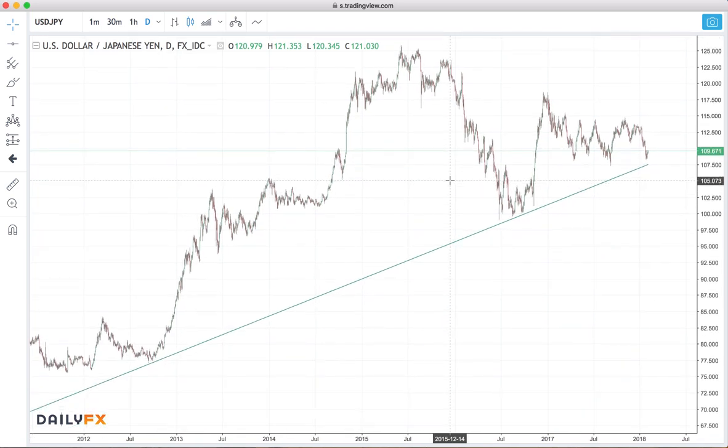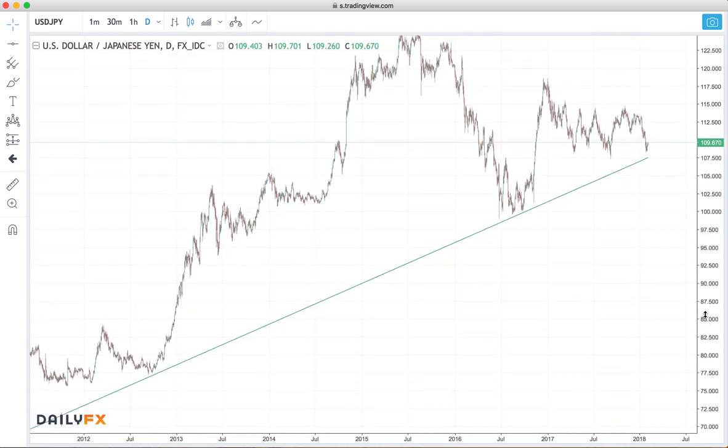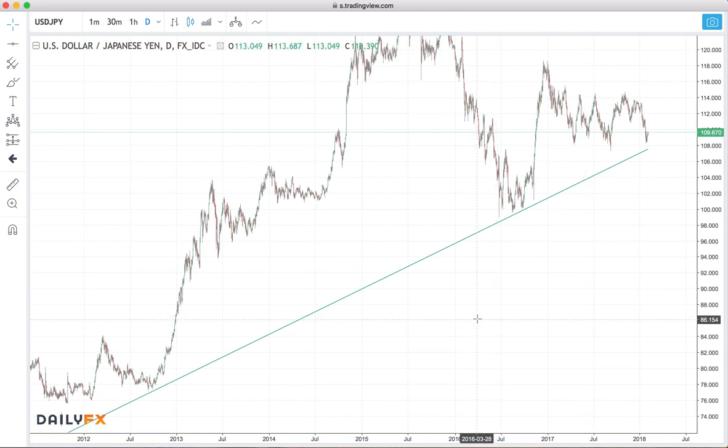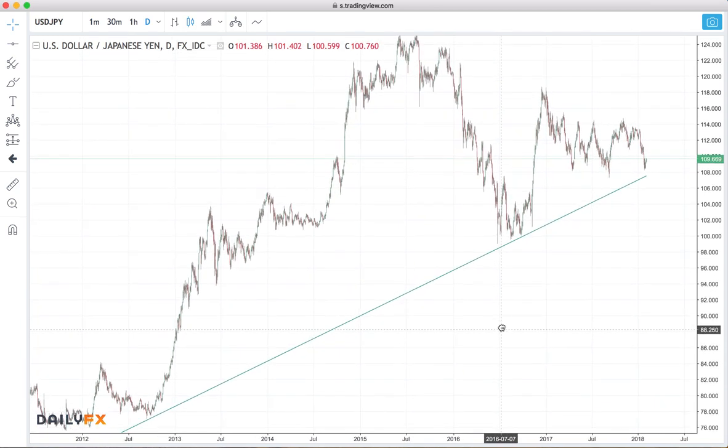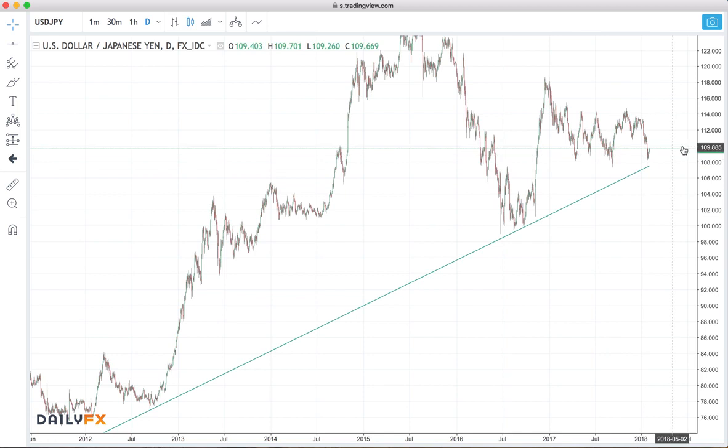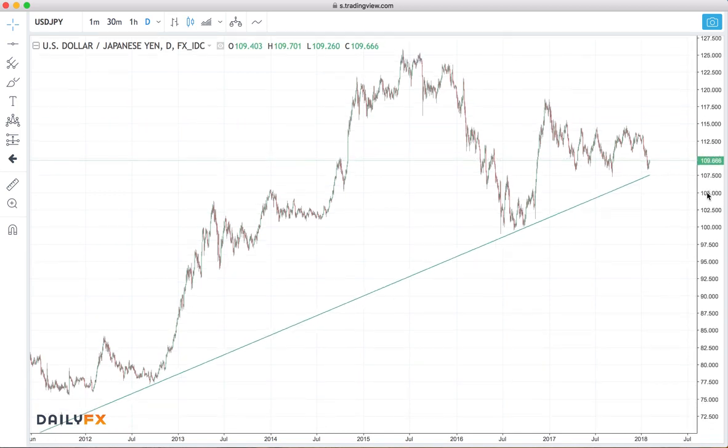So what I have here is a support line, and my belief is that this support line is going to hold. Now, what I want to draw your attention to is, we got the A wave here.